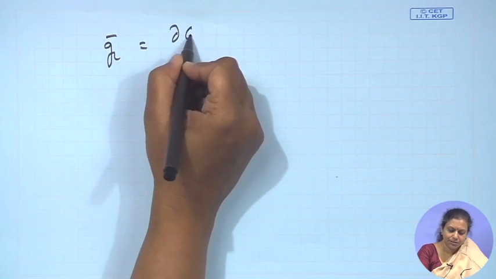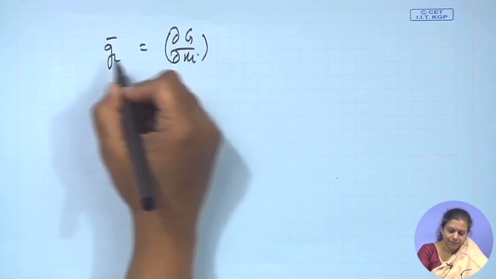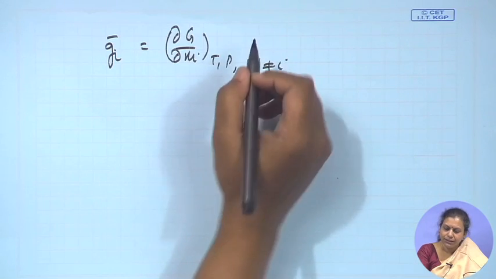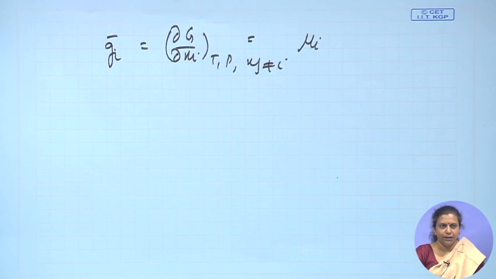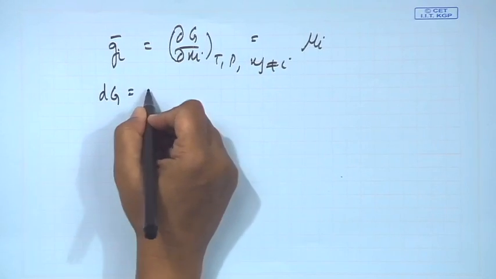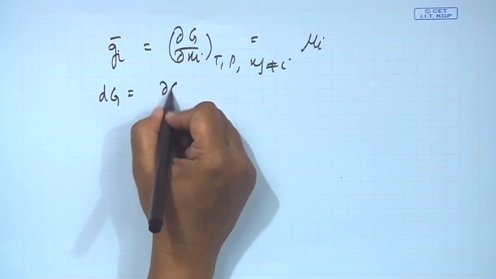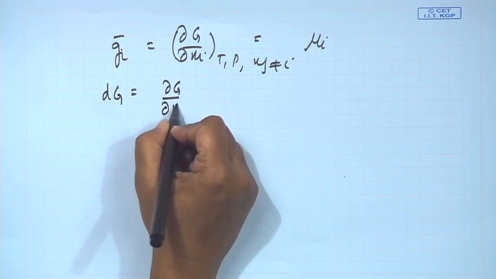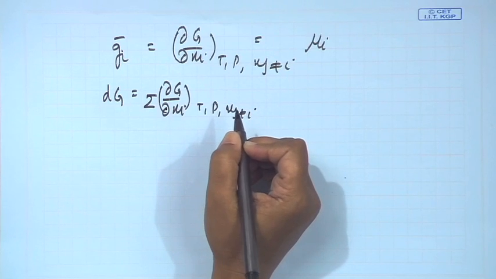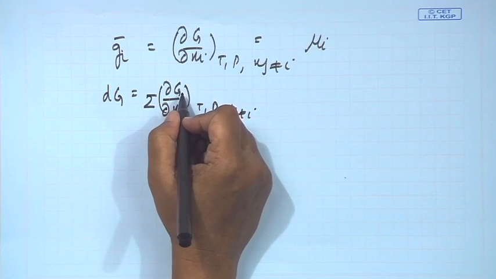What is this equal to? This is equal to del G del N I at constant T, P, N J not equal to I. And we have already defined this is nothing but mu I. And again, in the same way that we had discussed earlier, it can very well be defined that dG equals to, at constant temperature and pressure, sigma of del G del N I at T, P, N J not equals to I, into dNi.